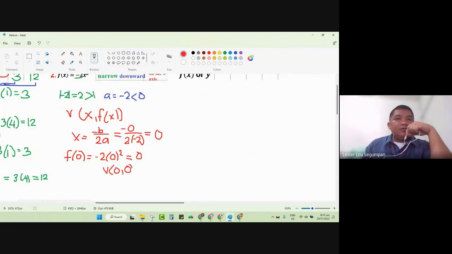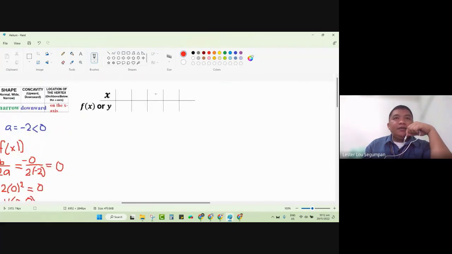This point, with its coordinates, shall be placed here in the middle. So you have 0 and then 0 here. Then we pick values for both sides of the equation. You have negative 1.